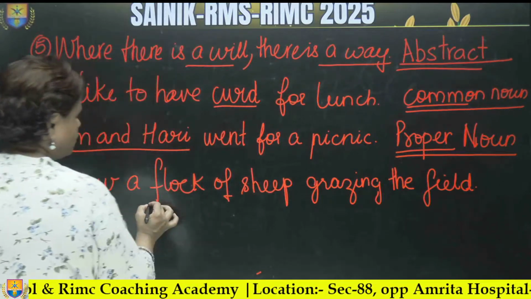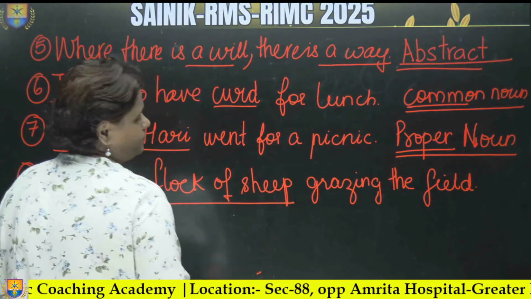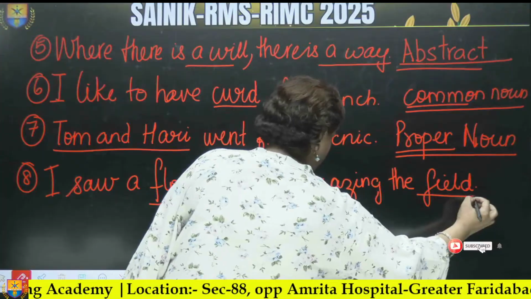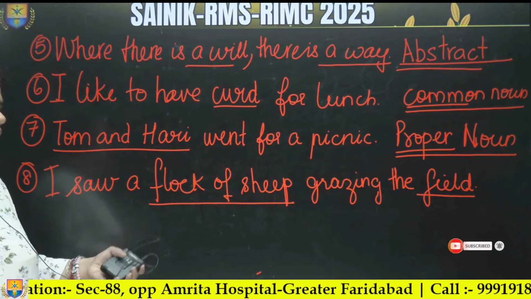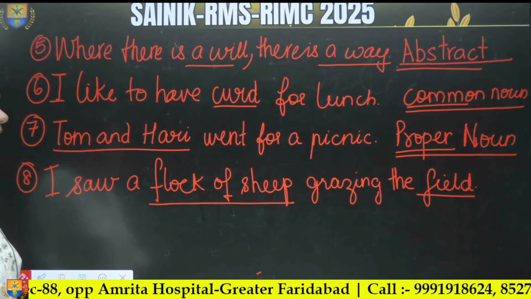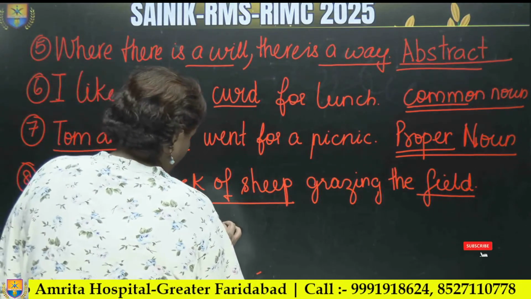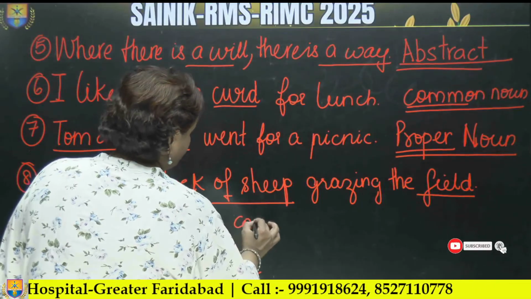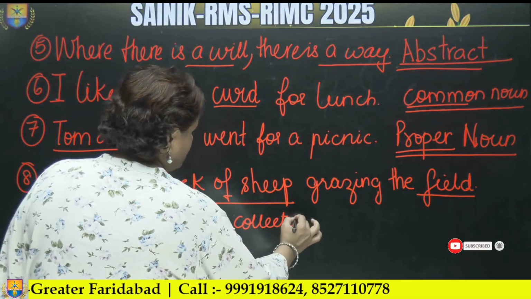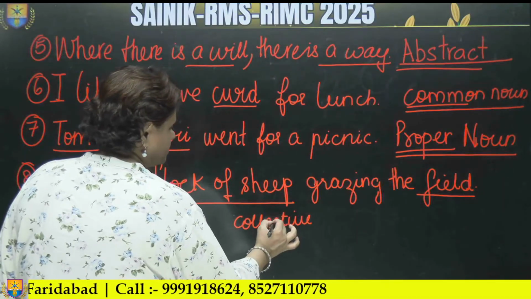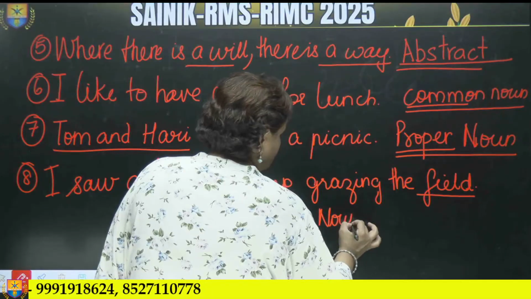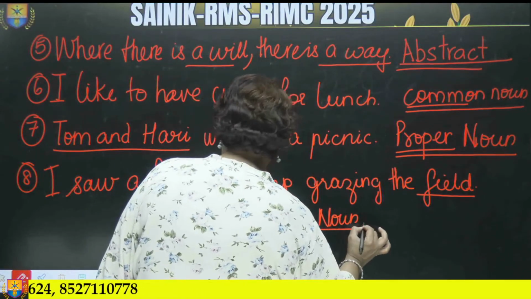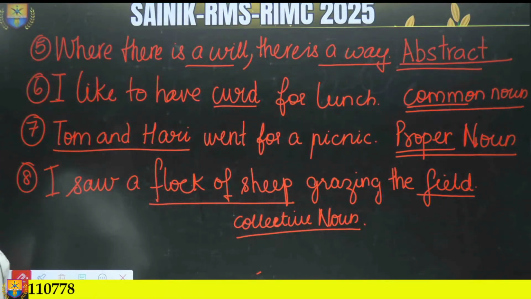So we have flock of sheep. The place also is mentioned over here. That's a common noun, the field. Let's focus on flock of sheep. So the correct answer to this is collective noun. This is the correct answer to this statement. I saw a flock of sheep grazing in the field.